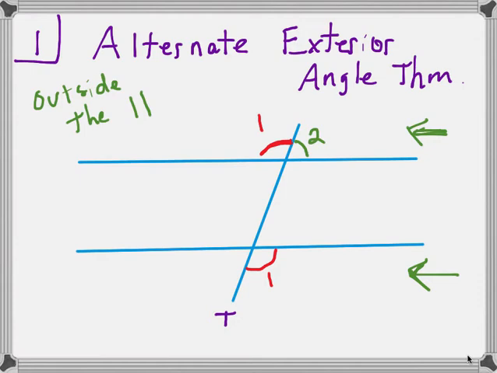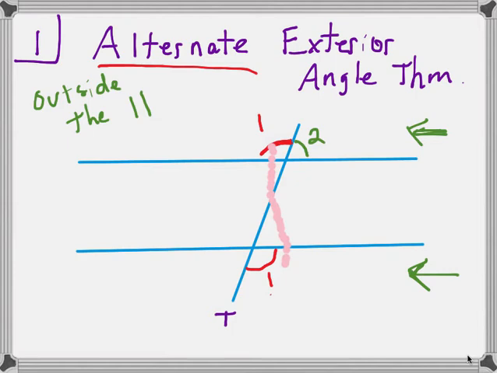The reason it says alternate is you have to go across the transversal and stay on the outside. So if I was just kind of this pink line here, I'd have to go across this transversal line and get to the other side, the opposite parallel line.